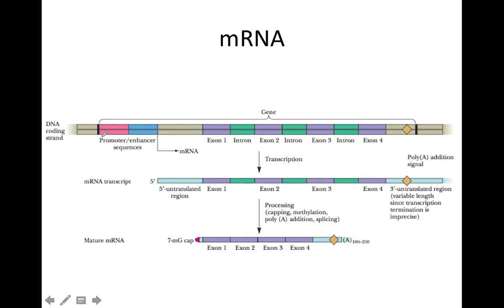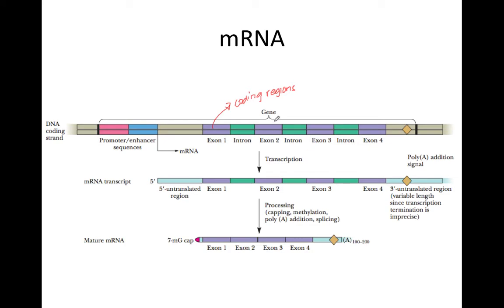So here, shown is the DNA strand. And if you will see, there are exons and there are introns. Exons are usually the coding regions, meaning they are the parts of the gene that get into the final mRNA transcript.